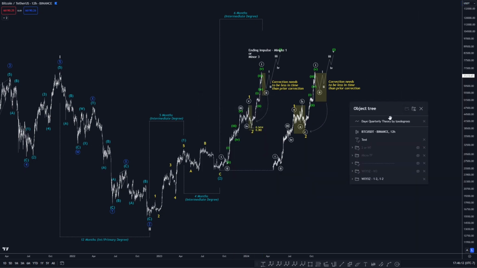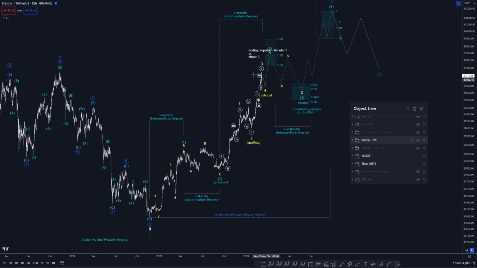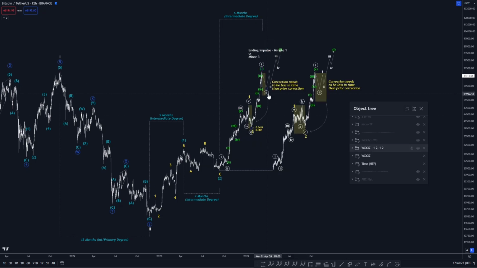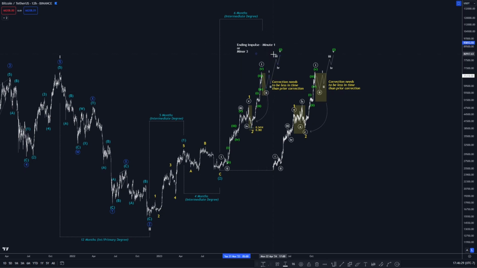So if we pull up the other counts, we have a minor wave 3 right here. Afterwards, we're going to expect a correction, either for a wave 4 or a wave 2. After that, we're going to expect an impulse up. In this scenario, we're looking for a wave 1.